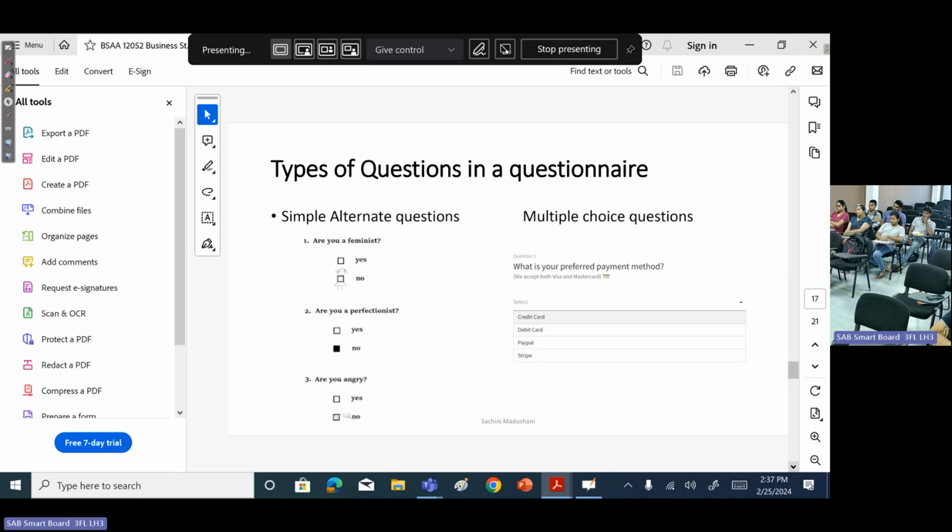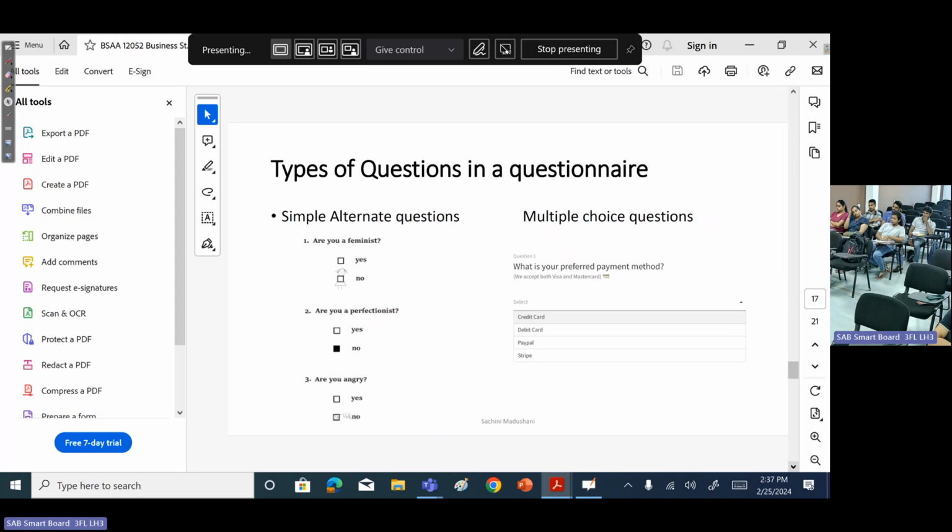This kind of question we call a simple alternate question, or a yes or no question. Examples: Are you a feminist? Are you a perfectionist? The answer may be yes or no.